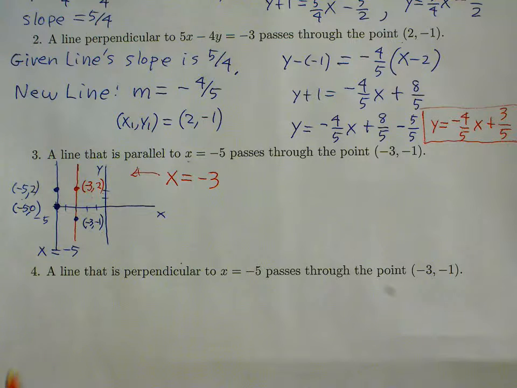And in the xy plane, a horizontal line is a line on which every point has the same y-coordinate. Okay, so if you have a horizontal line in the xy plane that passes through -3, -1, then what's the equation of that horizontal line? Y equals -1. Yeah, y equals -1, whatever the y-coordinate is.